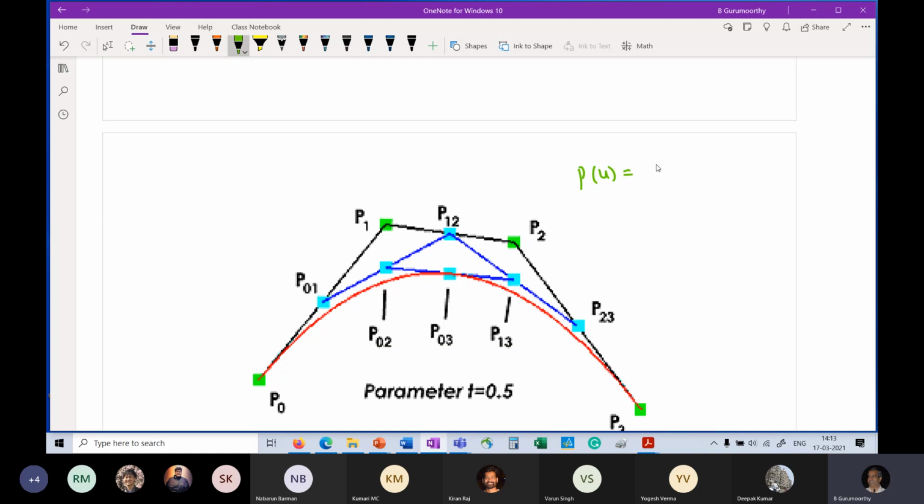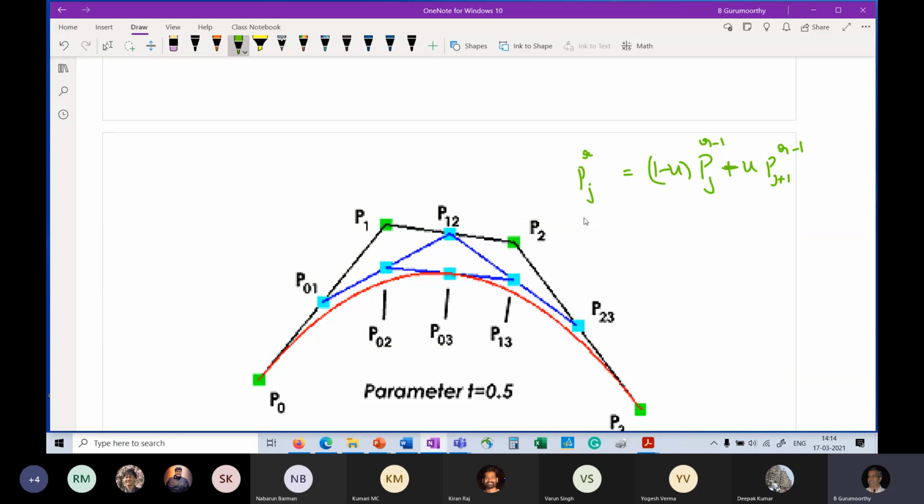P of u equals 1 minus u times P. Let me not say P of u. Say Pj^r equals (1 minus u) times Pj^(r-1) plus u times P(j+1)^(r-1).